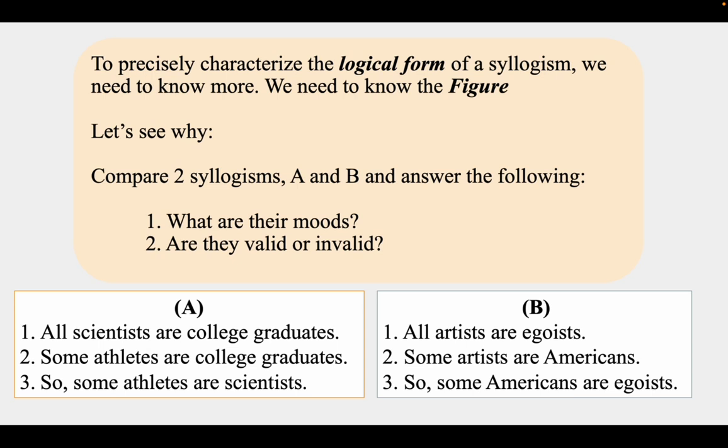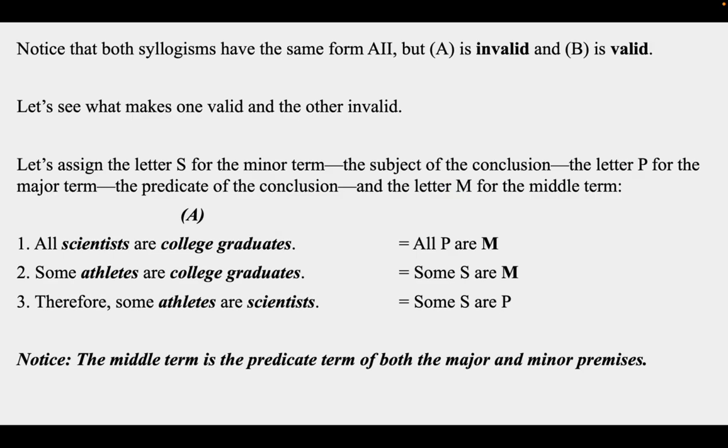However, you notice that one of these syllogisms is valid, the other one is invalid. A: all scientists are college graduates, some athletes are college graduates, therefore some athletes are scientists. And B: all artists are egoists, some artists are Americans, so some Americans are egoists.